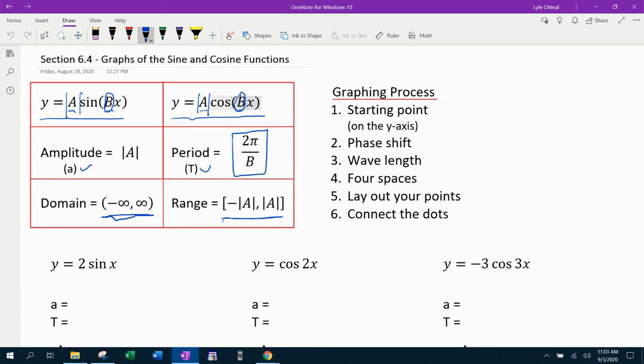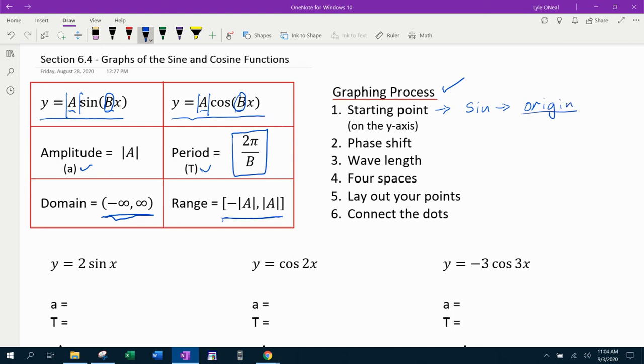Now then, as far as the graphing process goes, we have a 6-step method for graphing. The first step is to locate the starting point. Now, the starting point is going to depend on your trig function. If you're doing a sine function, the starting point is going to be at the origin.